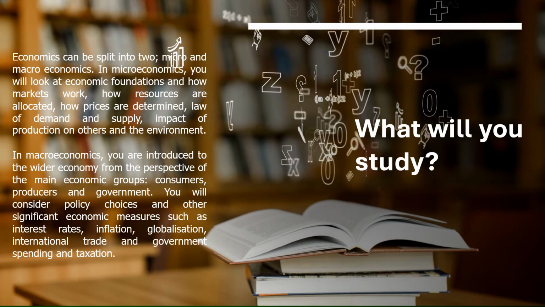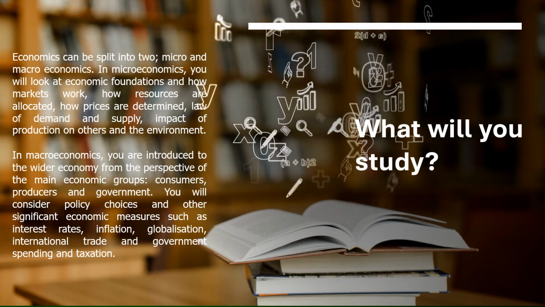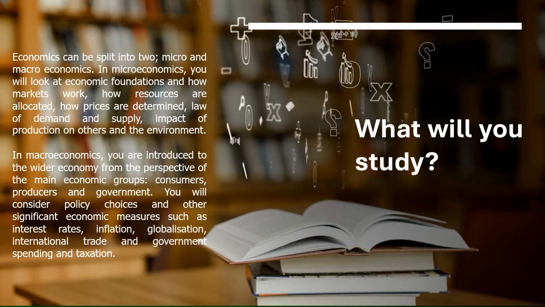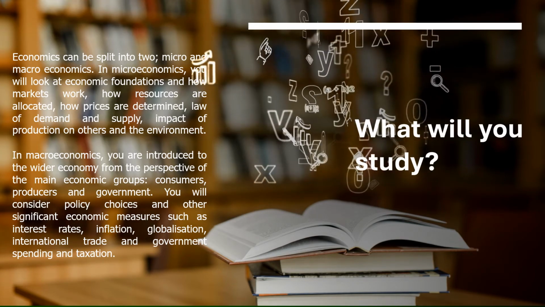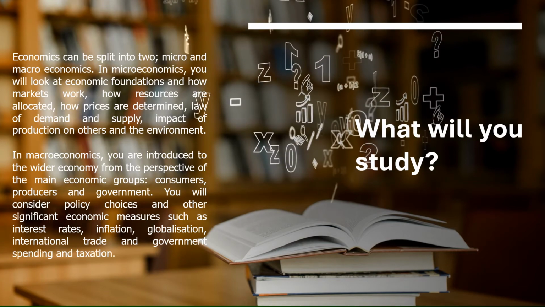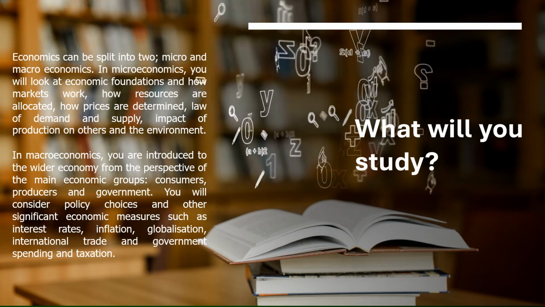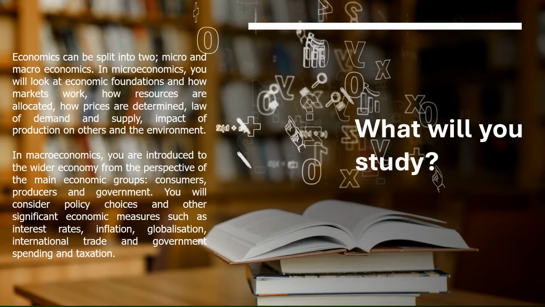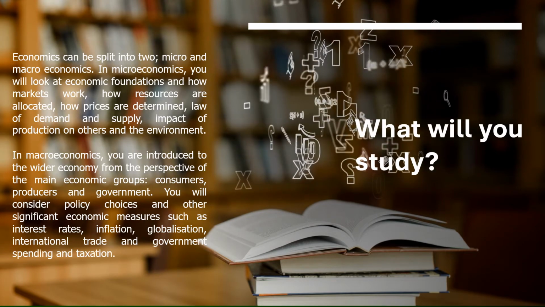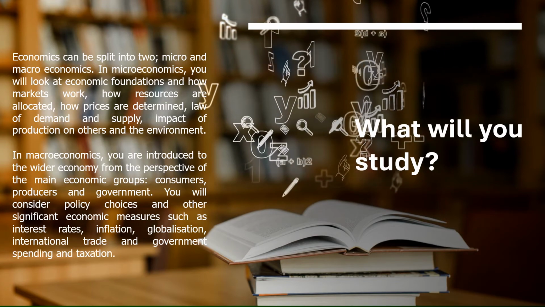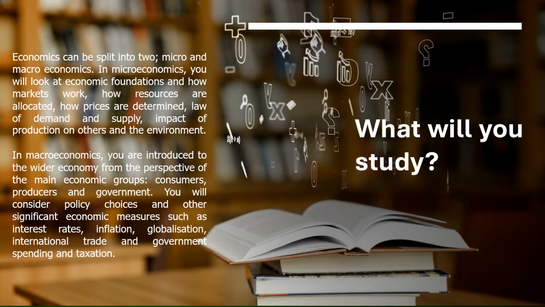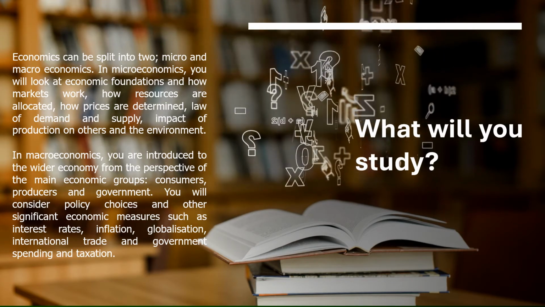What we ask for and what the businesses are able to offer us don't necessarily match up, so we look at those differences. And we'll look at the impacts that production, making things, has on the others around us, i.e. the local communities and other businesses, but also the environment.